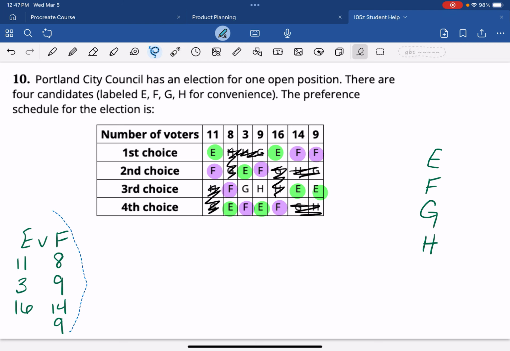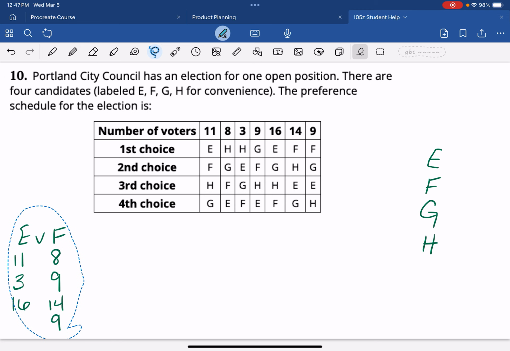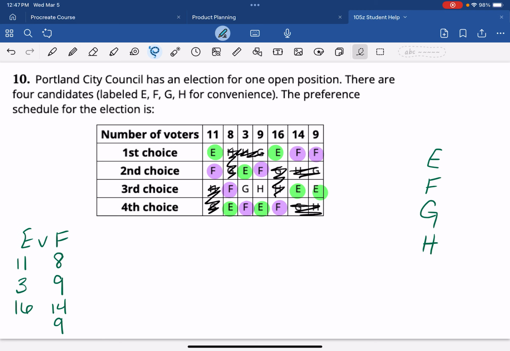So if we have these numbers here, we can add those up. I apparently can't move it, so we're just going to rewrite them here. 11, 3, and 16 gives candidate E 30 votes. 8, 9, 14, and 9 gives candidate F 40 votes.